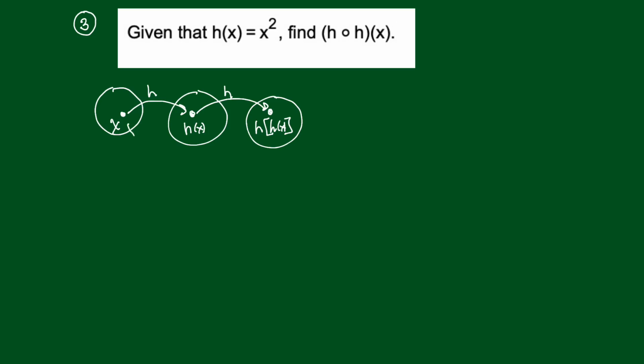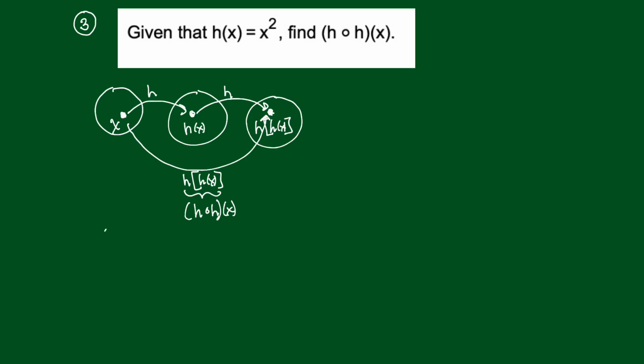So what I would like to do is develop a rule that takes us non-stop. This is the rule here, h of x. Get that rule that takes us non-stop from the beginning x all the way to the ending x. And our name for this is h of h, the value at x. So let's go.